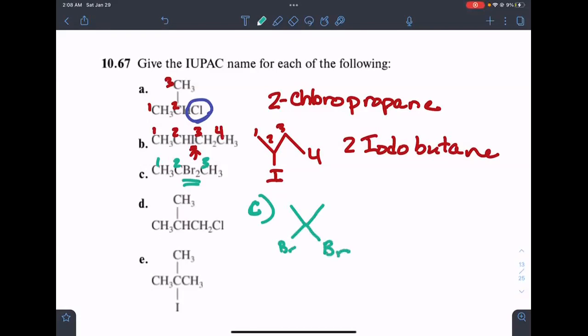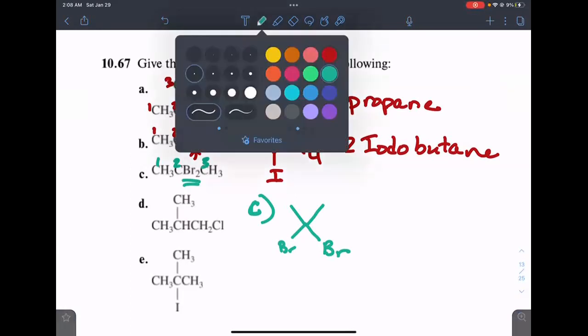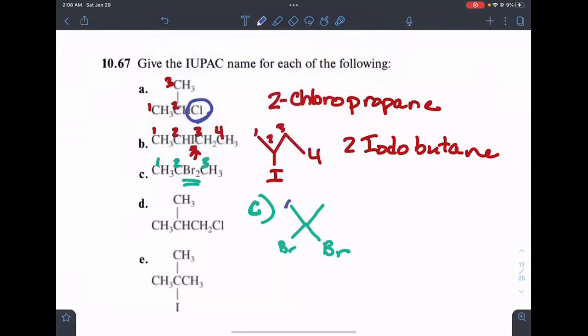So it looks like a big X. So if you're numbering this, right, you would go 1, 2, 3. So what do you have on carbon 2? You actually have 2 bromo groups. So you would call it 2,2-dibromo. And then you have to name your parent. Meth, eth, prop. So that's propane.